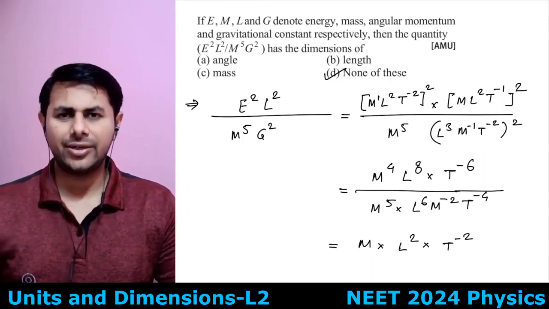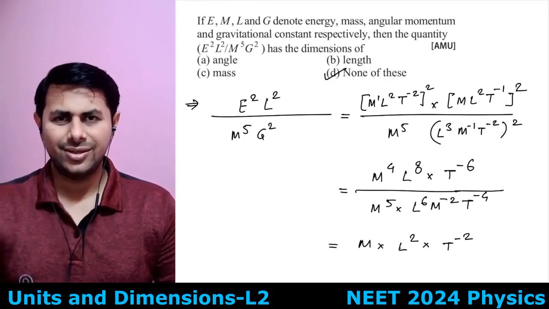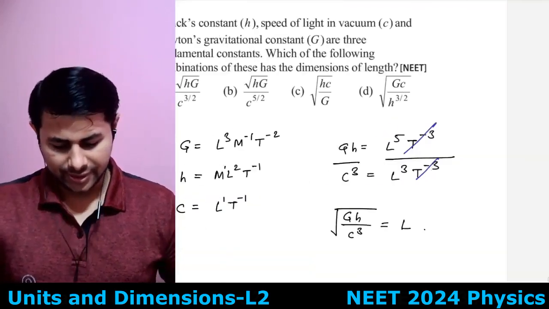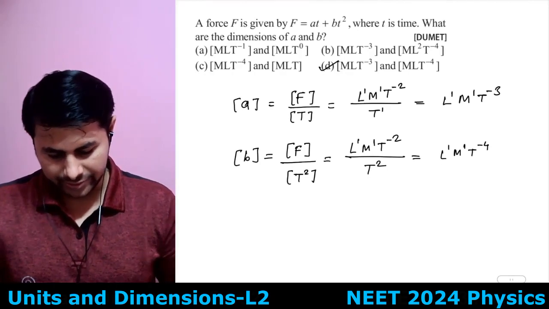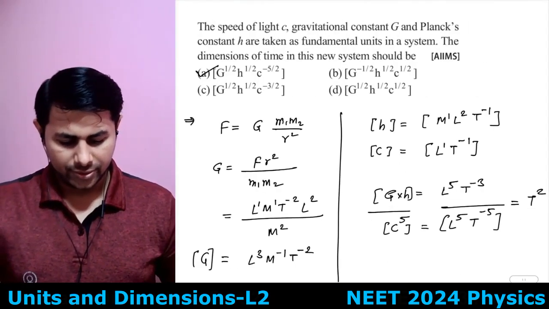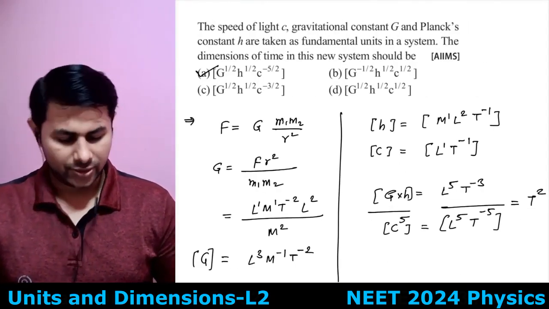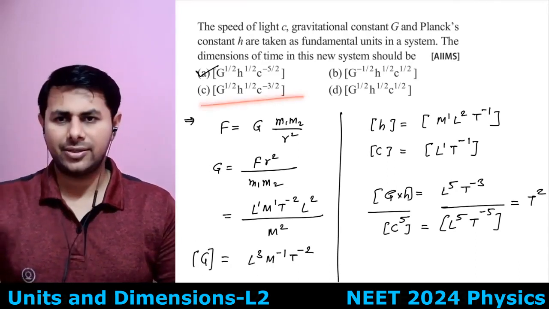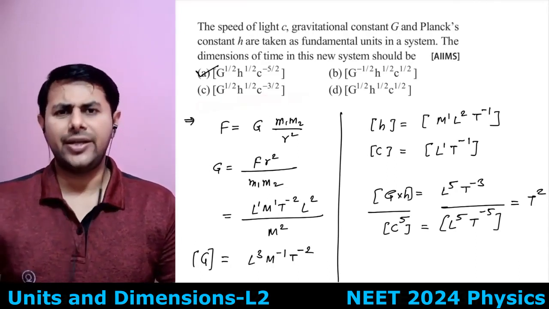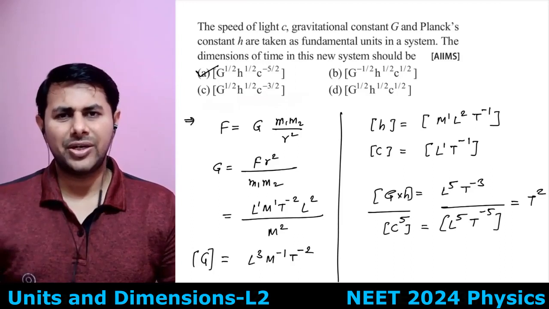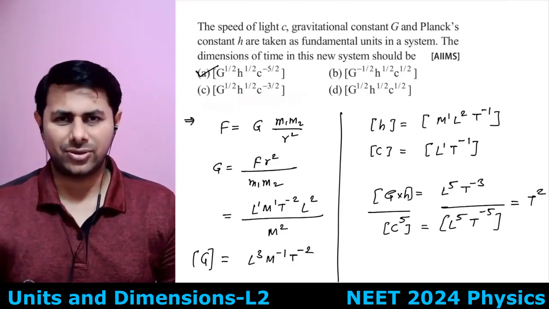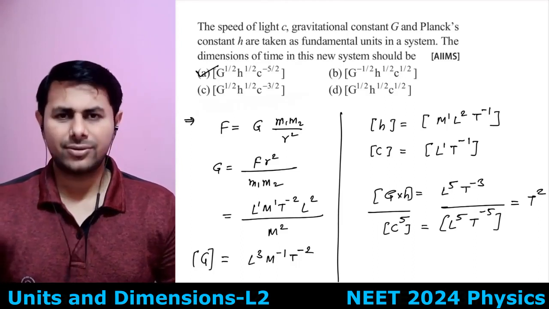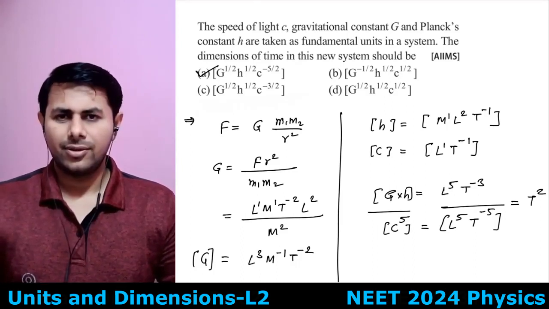Mostly questions will be like this only, either to find out the dimensions of some terms given in an equation, or to relate the physical quantities. So checking an equation, there were not many questions based upon that. Actually, there were no questions on that. Okay, so got it.